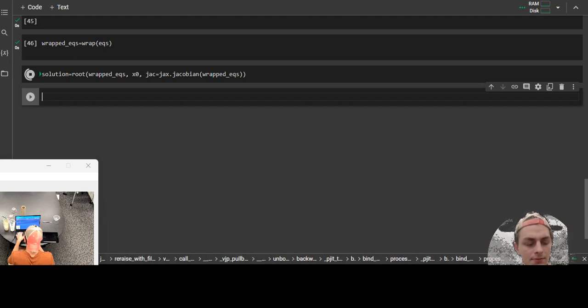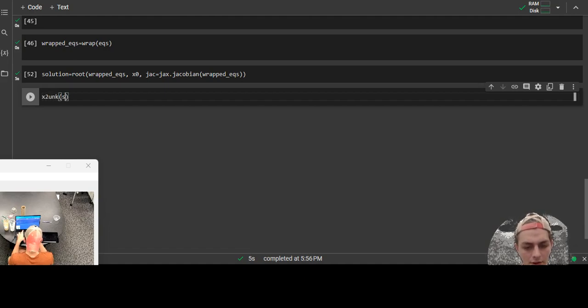Let's see. All right, that worked. And so now all we have to do is use this x2 unknown of the solution. It tells us what our unknowns are. We just want to take the x values of this and return it as a dictionary.